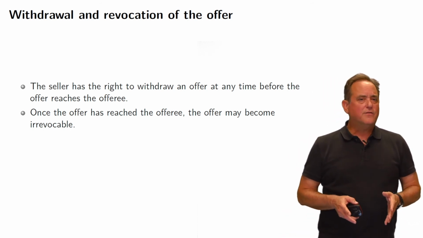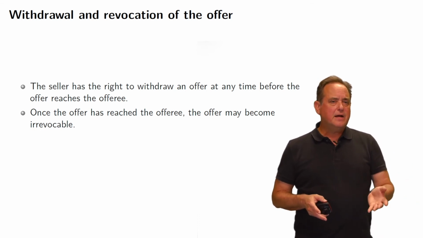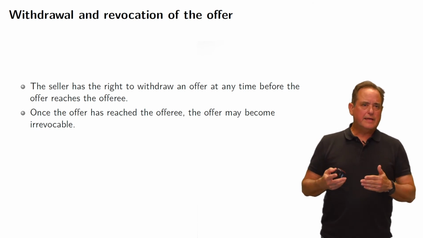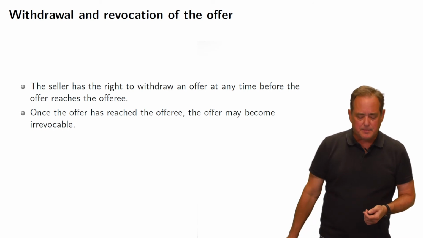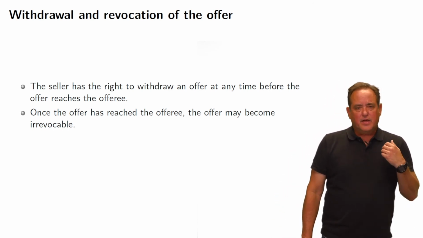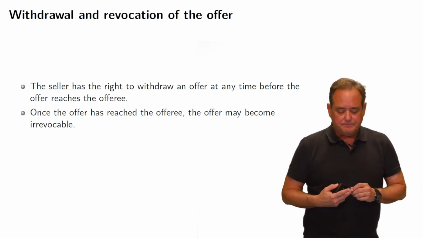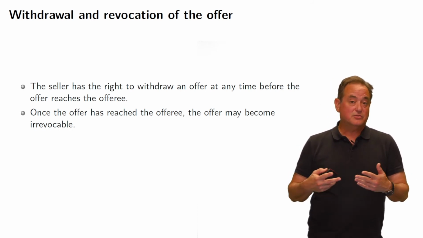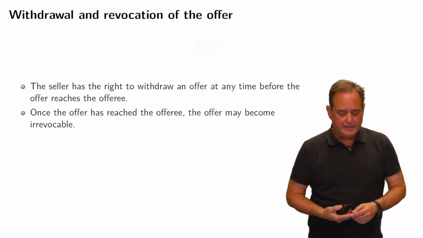Now, once the offer has reached the offeree, the offer may become irrevocable. Now, the general rule is that an offer can be withdrawn at any time before acceptance. This is the common law practice. The common law says that an offer is not binding unless there has been money paid to make the offer binding.